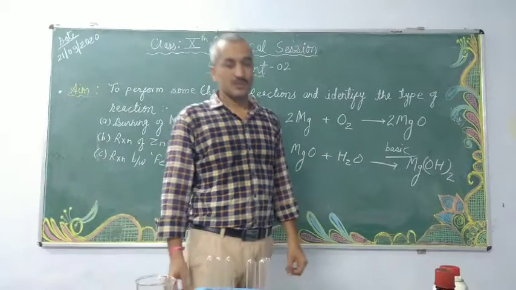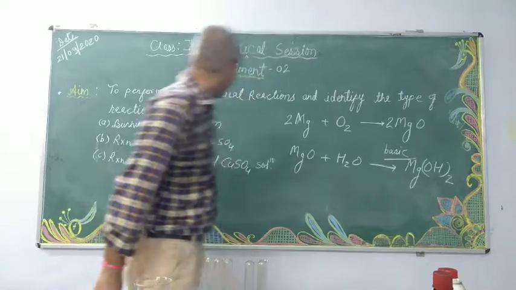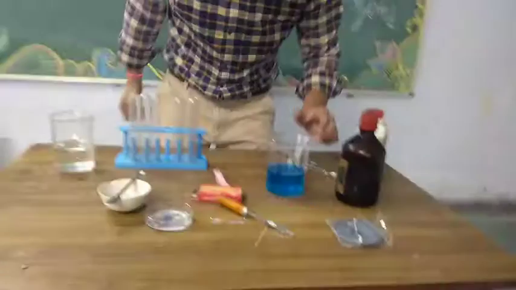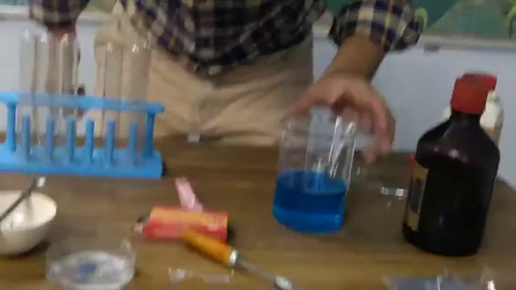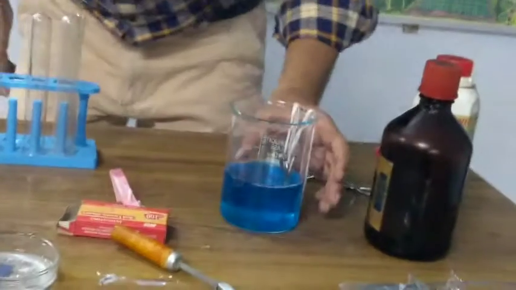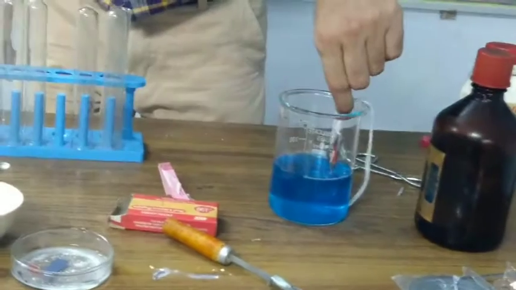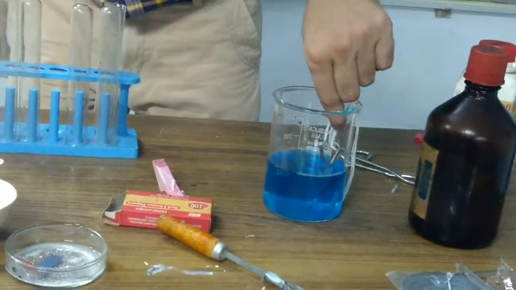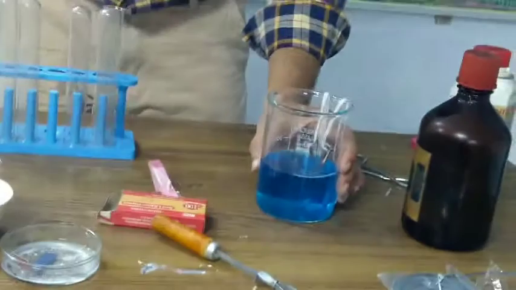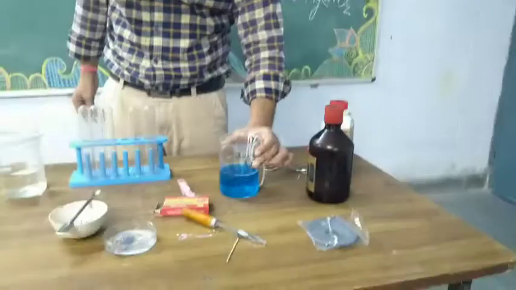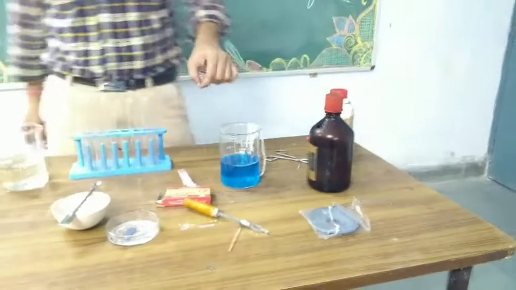Got it? So let's see another one. Let's see this. I have already done this. Blue colored copper sulfate and iron nails have been dipped inside this. Got it? And the color of this copper sulfate solution is somehow changing.